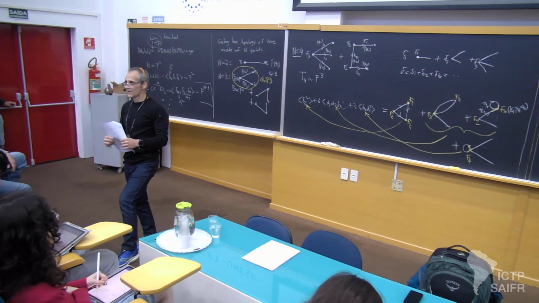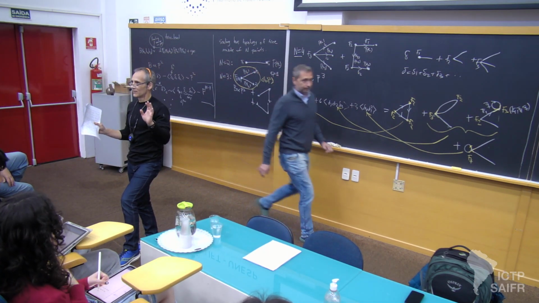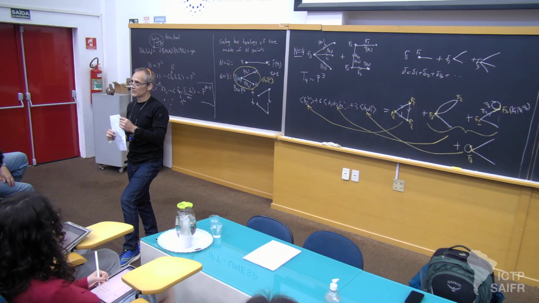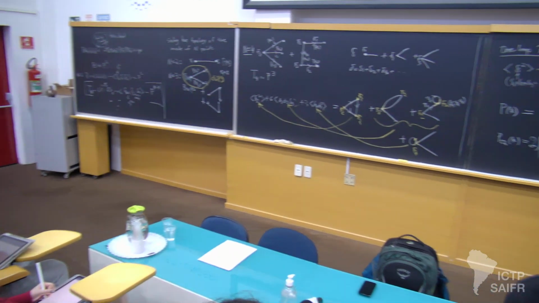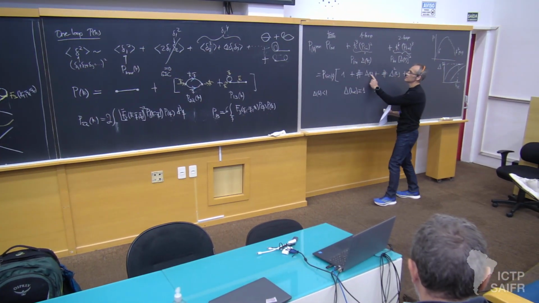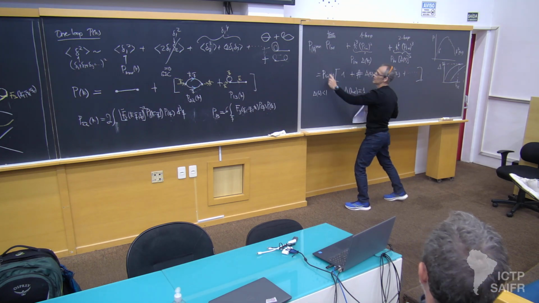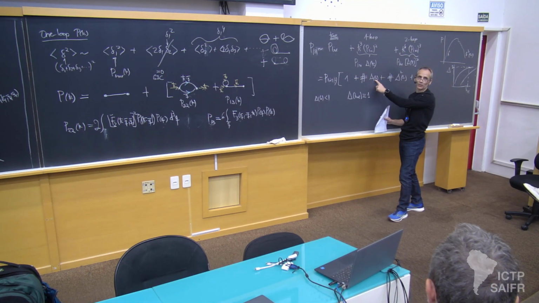Very good question, yes. This doesn't tell you anything about non-Gaussianity because we are doing the power spectrum. You see, the key is that this thing depends on K, right? So the shape of this guy will not be the shape of this guy. So it's changing the shape of your 2-point function.